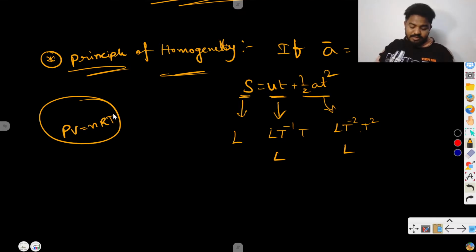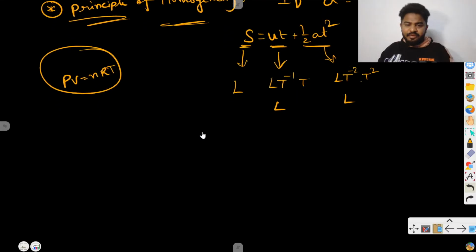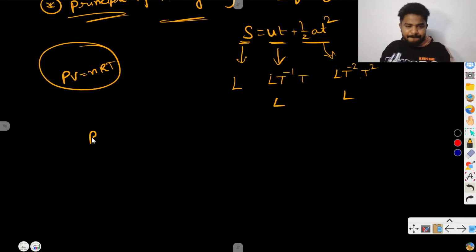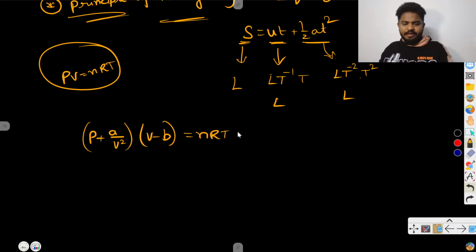If you observe, the van der Waals equation is P plus A by V square, per mole I'm giving, into V minus B is equal to RT. Here P plus A by V square is the modified pressure and V minus B is the modified volume, for 1 mole. This is the equation for ideal gases, and this is the equation for real gases.